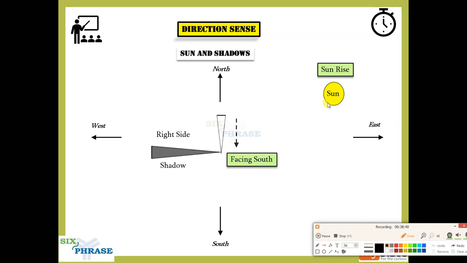In both cases the side hasn't changed, but the direction in which the person is facing has changed. You already saw this in previous examples: right and left depended on the direction in which something was facing. Here also it is dependent on the direction in which the object is facing.